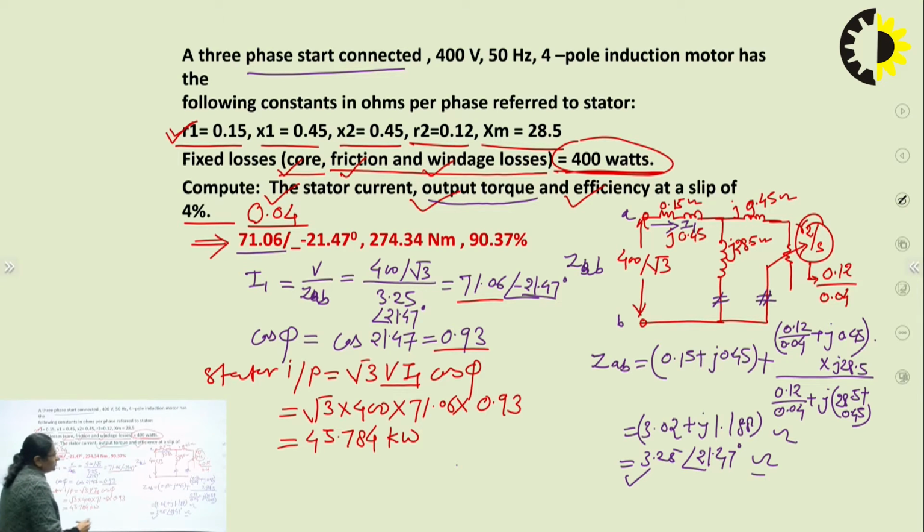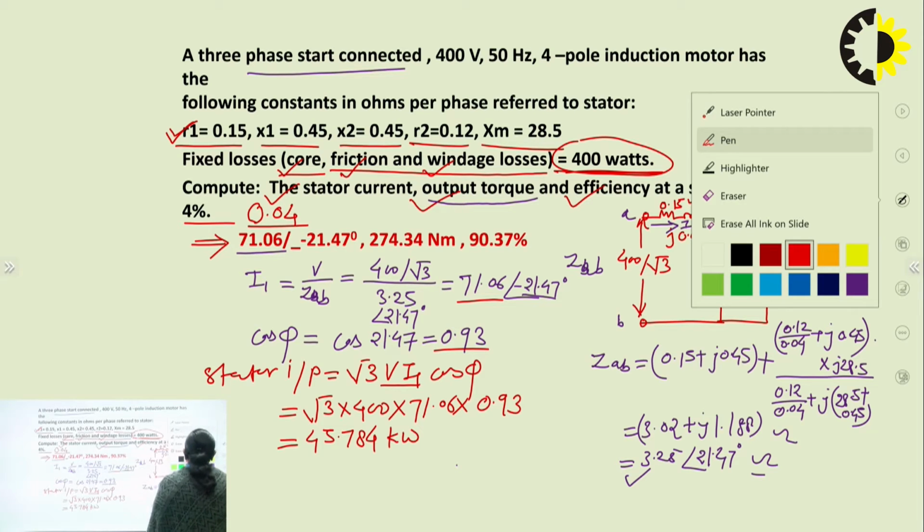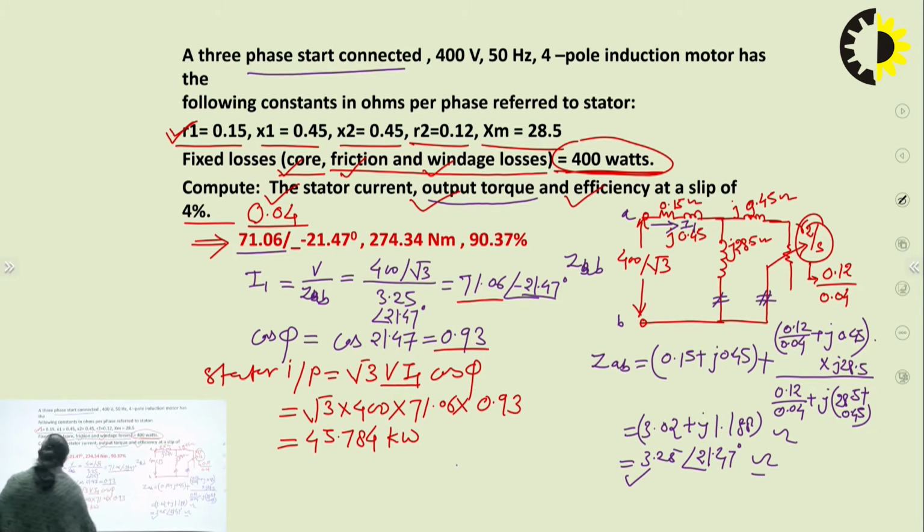Now let us determine the stator I square R loss. Stator I square R loss can be determined as thrice I1 square R1. Resistance R1 is known to us. It is given in the question.